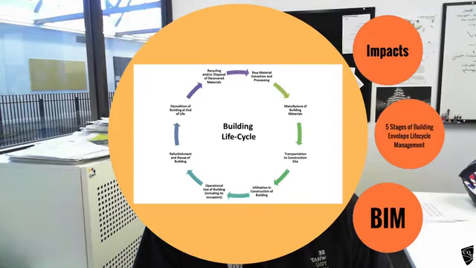Then you've got to build it into the building. Then you've got to operate the building for its life. Then halfway through its life or so, you might refurbish it two or three times to keep up with modern technology and legislation changes. And then you might demolish it at the end of life and recycle the materials and bring them back round in a circle. That's the green sustainable approach, which is more common nowadays.